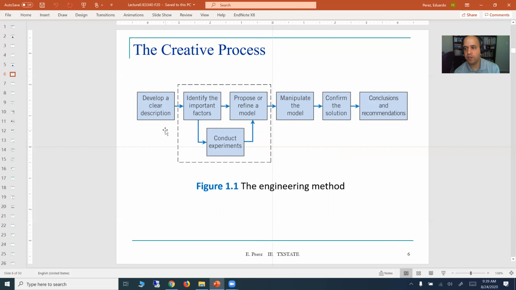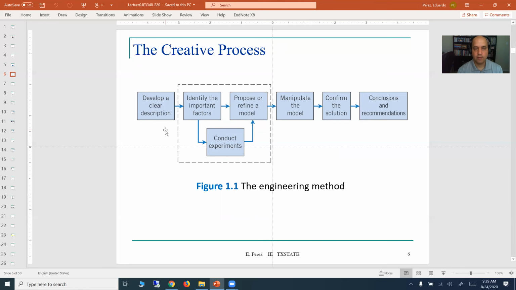Having a good understanding about the problem is very important. If you don't have a clear, well-defined problem, then most likely you will end up providing a solution that is not going to fix the problem. So you have to have a very good understanding of the problem to start with.